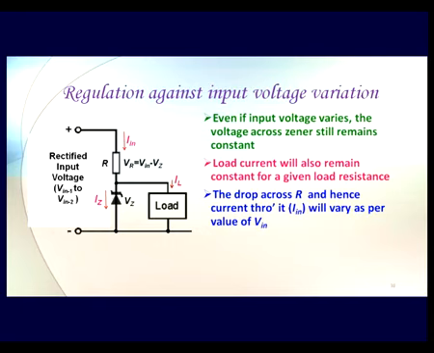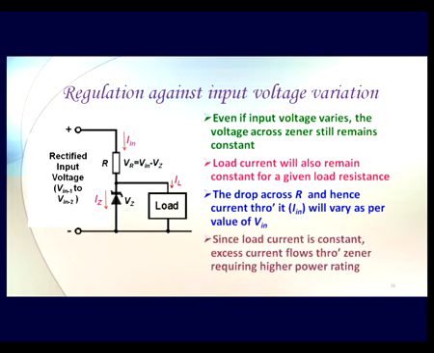So the power dissipation in the Zener device is going to be quite high, because I am going to have increased IZ dependent on the input variation. So the rating of the Zener has to be calculated not just on the basis of load variation, but also on the expected changes in the input supply. This is how our design will be refined when we do it with the shunt regulator.